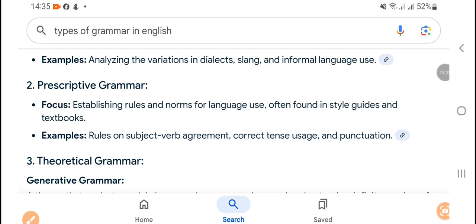Slang is the word which is invented by the community and then they use it as per their convenience. Any word, right, which is invented.